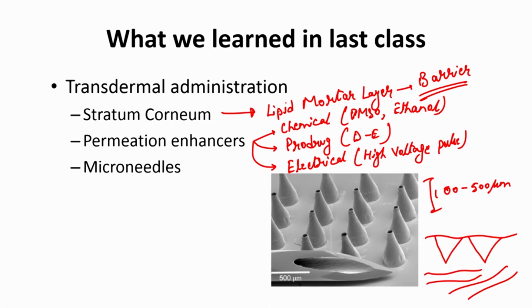So, in that way you can bypass the barrier, increase the permeability by quite a high amount, because this is what was causing decrease in the permeability, but still not be able to cause pain.